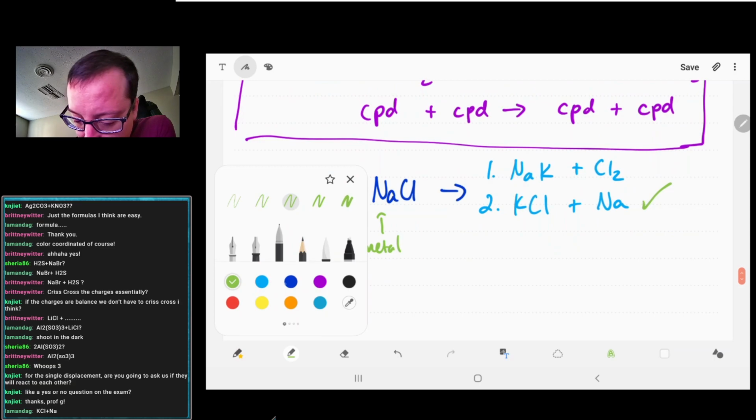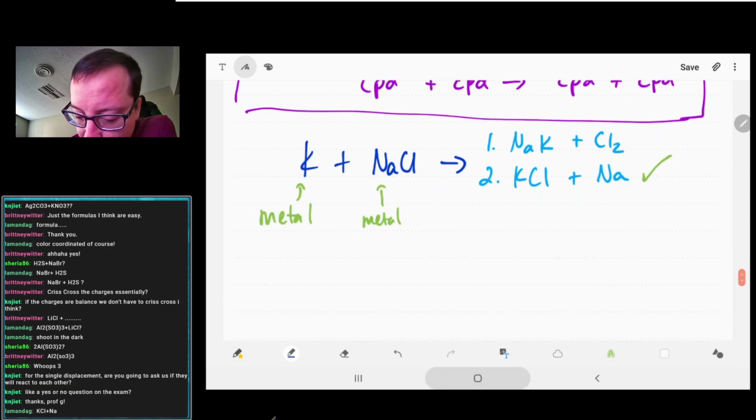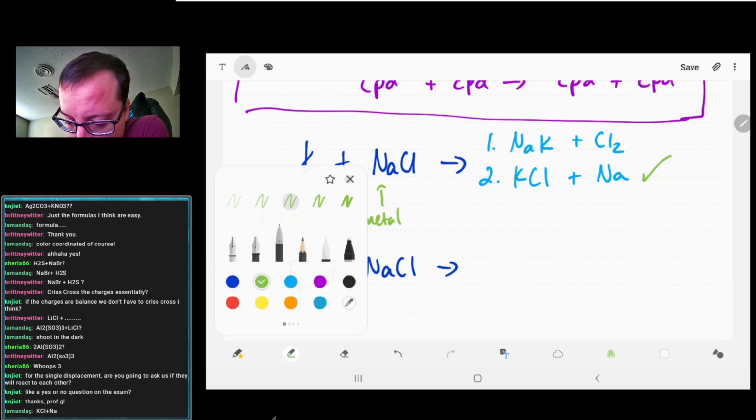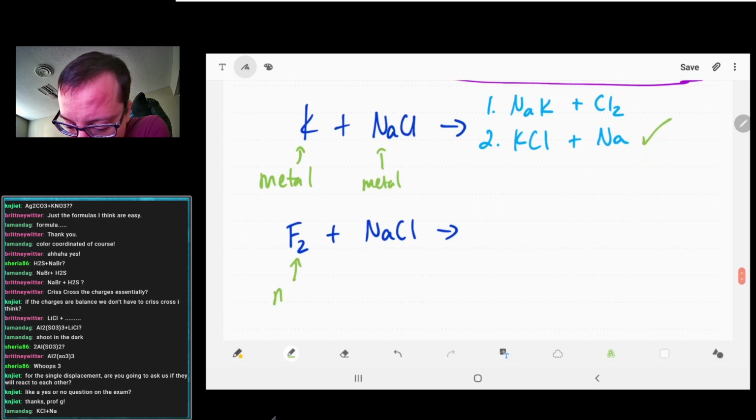If, however, we had, instead of potassium coming in, fluorine coming in, notice we have a non-metal now. That is going to kick out the non-metal.